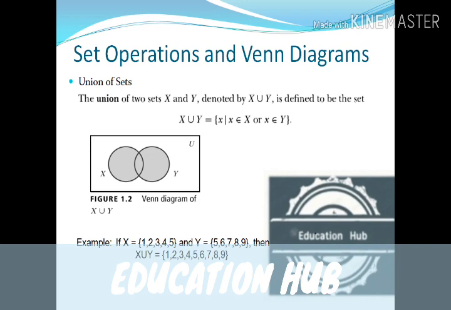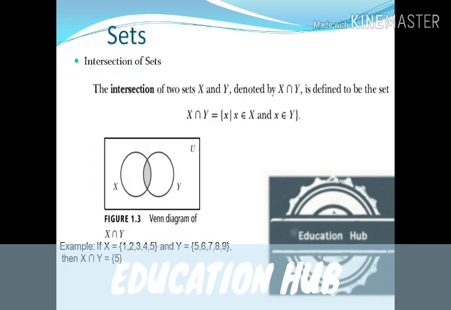That's why here the union of sets means the combination of two. Suppose X is a set, Y is a set. So X union Y gives all the values belonging to X as well as Y. Intersection is just the common part.